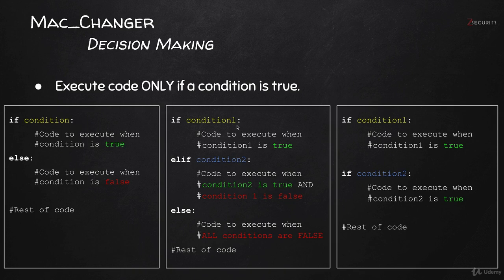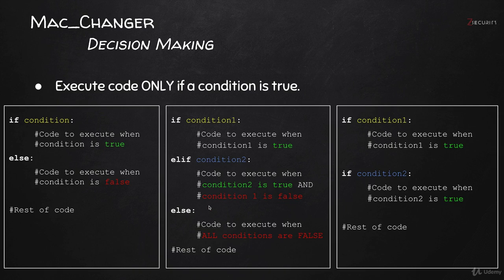In this example, we can do if condition 1, we execute the code in condition 1. Or if condition 1 is false, then we're going to check if condition 2 is true. If it is, then execute the code here. And you can keep doing this on and on. Finally, you can use an else statement to execute code if all of the above conditions are false.